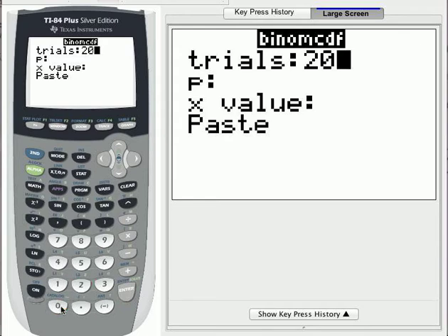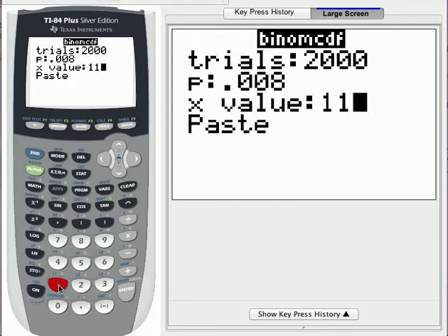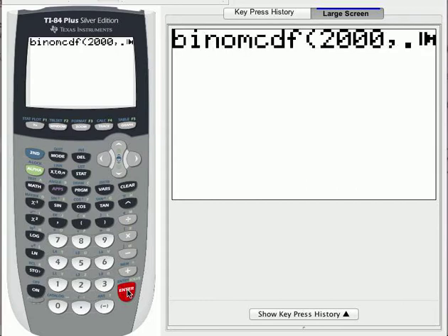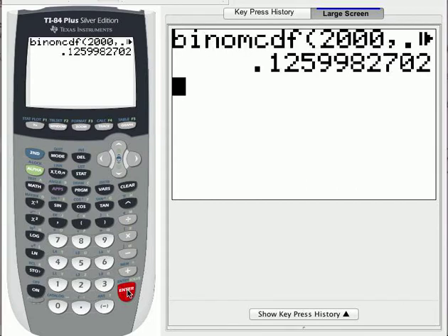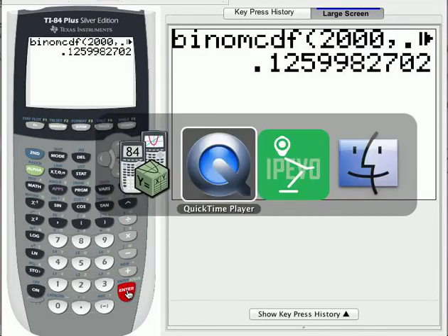So I've got 2,000 trials, that's the size of my sample. The success probability, I've rounded it to 0.008. The x value I want is 11. I want to include all of the outcomes from x equals 11 down to x equals 0. And there's my probability, 0.126.